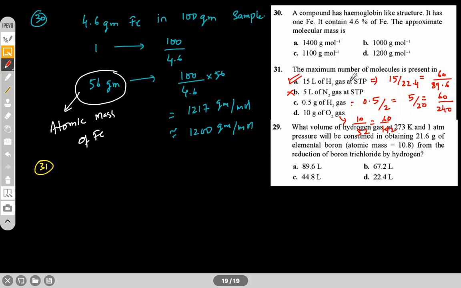Volume you can compare when you have STP. Here the condition is not at STP. So how can you find out volume? Okay, so mass is given. Then what can we do with the mass?